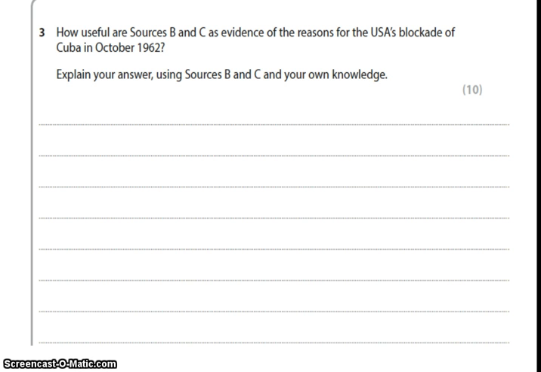So although they give us useful information, we have to consider if that information is trustworthy, because we've looked at the content of the source and who has made it, the author, and therefore it could be biased, couldn't it? So we've put a limitation on how useful it may be, the same way we've done with source B.